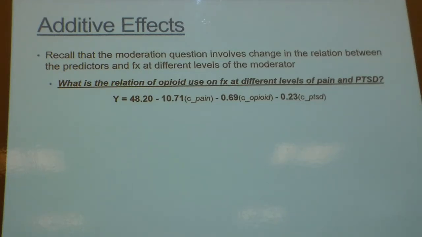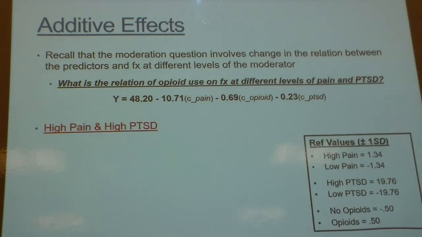Are we looking at people with opiate use, without opiate use? With our additive model, we can just start plugging values in and see what happens. So let's see what the nature of the relationship is between opiate use and outcome if I'm looking at people with high pain and high PTSD.